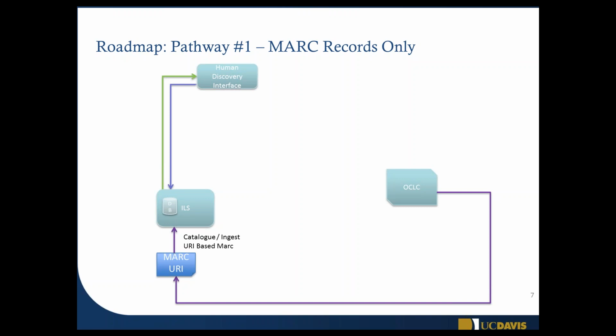It also gives a library different options, depending on what resources they have, what their readiness is to move into the linked data environment, and what infrastructure already exists. So I'm just going to go through this roadmap and lay out a few possible ways to move into linked data. Again, it depends on your library situation.